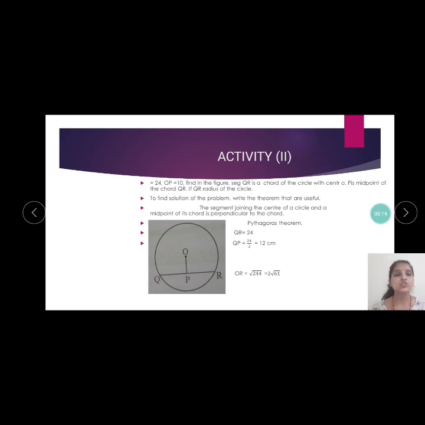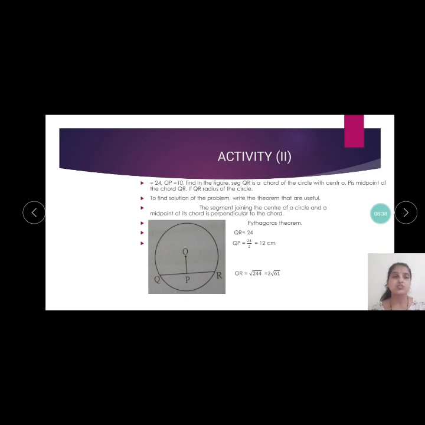So OR square is equal to OP square plus PR square. That is 10 square plus 12 square, 100 plus 144, which is equal to 244.